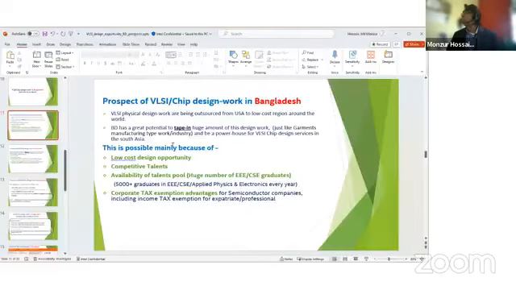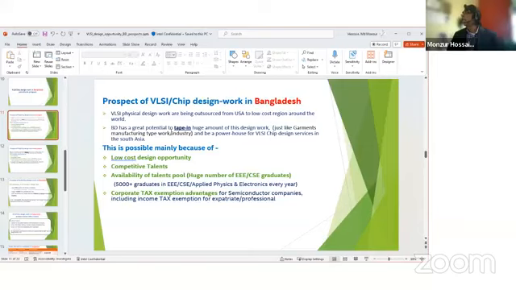And the last aspect is that because of low cost design, we have a very big potential to tap into a lot of work, because our cost will be lower than even India. I have one slide on this, right? Physical design work is being outsourced from the USA to low cost regions around the world.